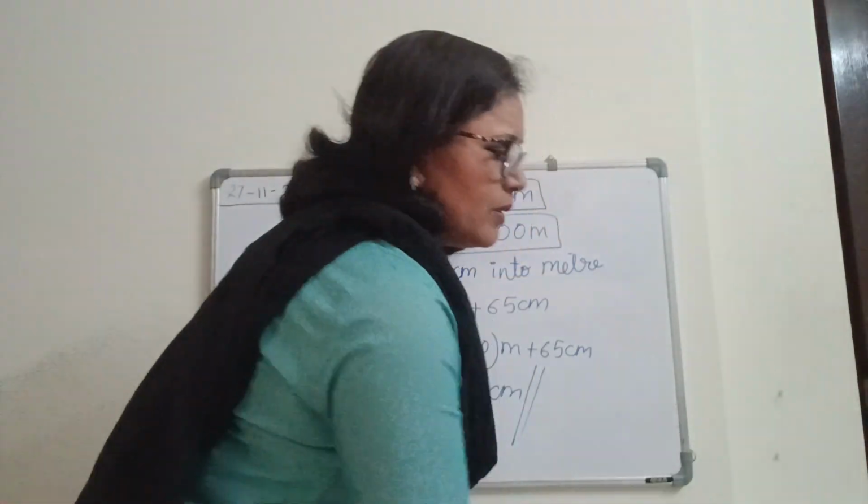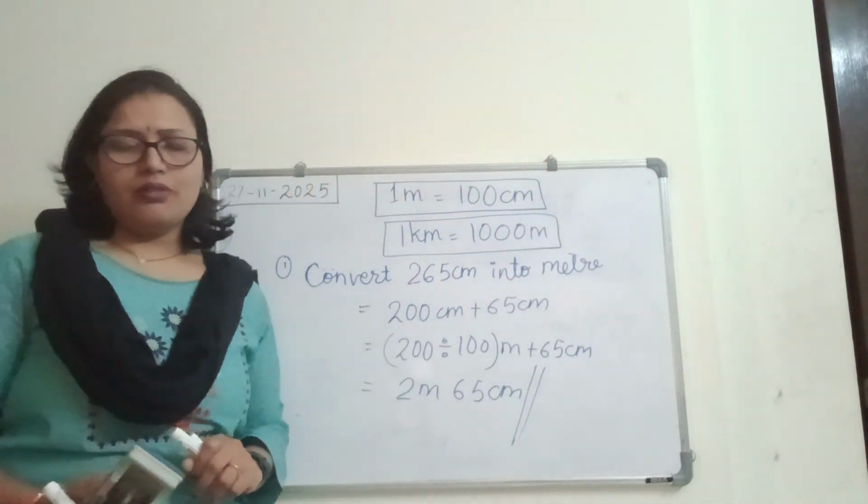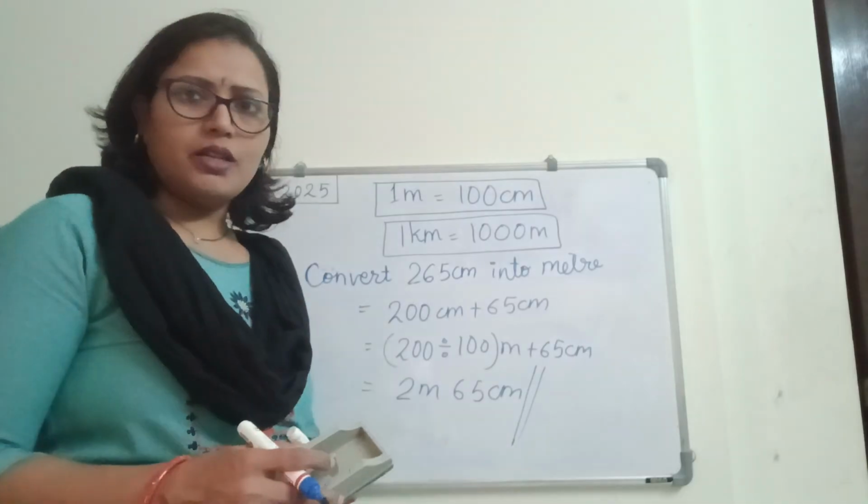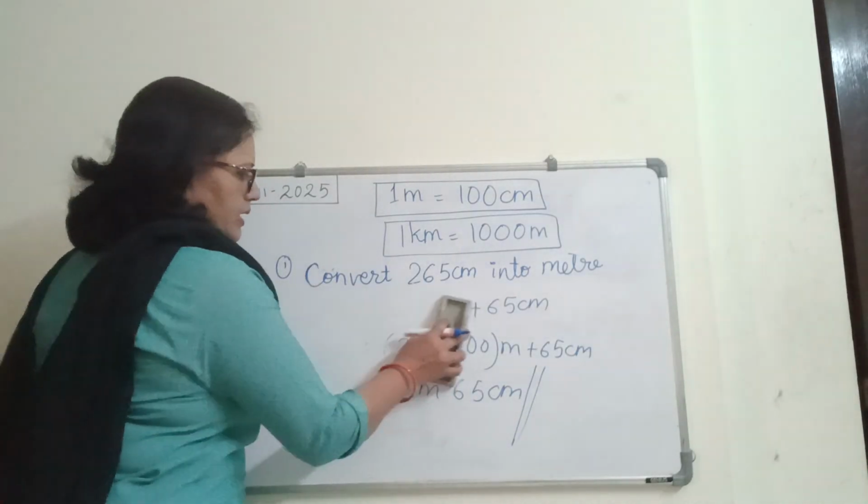Now suppose both the units are given, centimeter also given and meter also given. So how to convert this? Let's see now.